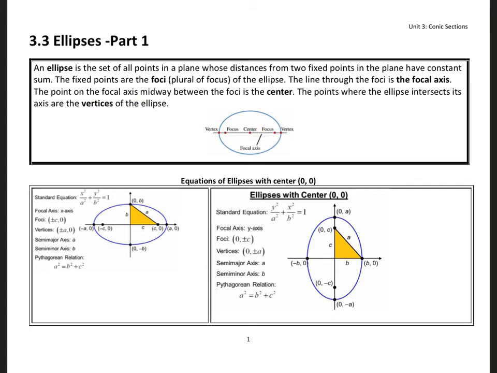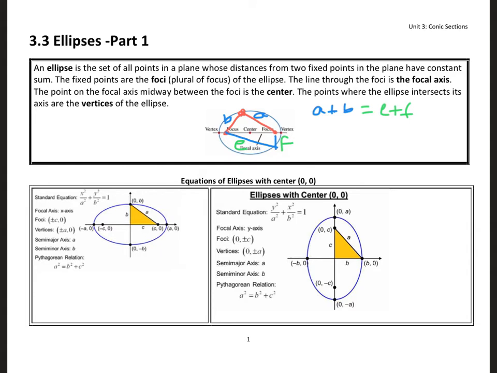Let me just illustrate a little bit. If I take a piece of string, tie it there, and then tie a pencil and start drawing, see this distance, if I call it A, and this piece of string B, I add A plus B. Then I move my string to another location, let's say it's right here now, and I call these distances E and F. E plus F is going to be the same as A plus B. Those distances keep being constant because the piece of string where I have tied my pencil is the same.